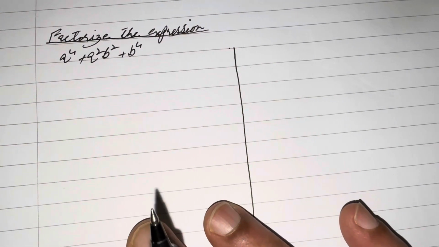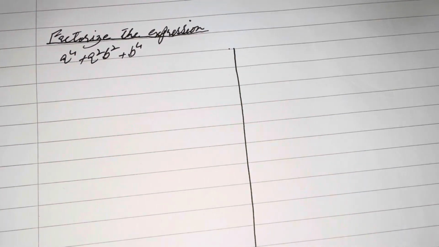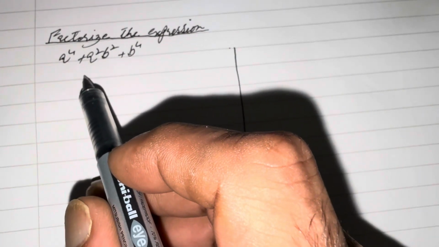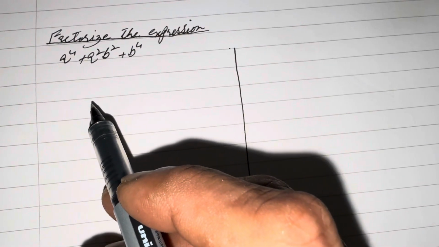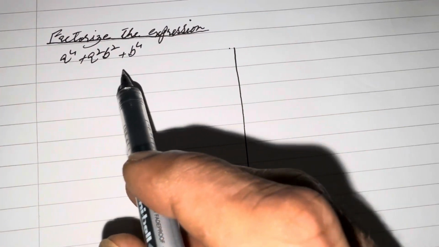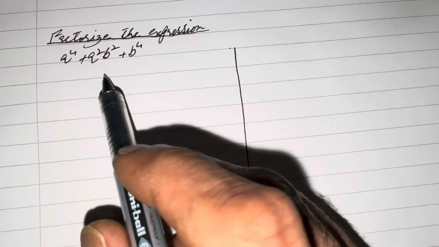So one thing is the most important, that I'm going to give you the review of the formulas, that which formula we are going to use to solve this expression or to factorize this expression.